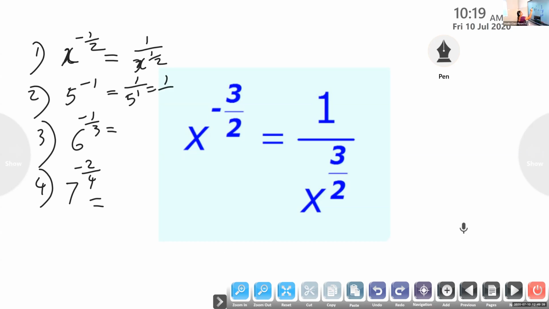It is 1 by 5, no need of 5 raised to 1. Then third one: 1 by 6 raised to 1 by 3. Good. And 1 by 7 raised to 2 by 4. So you understood how this works.